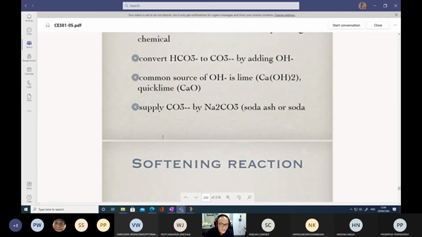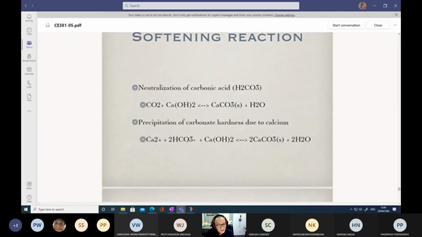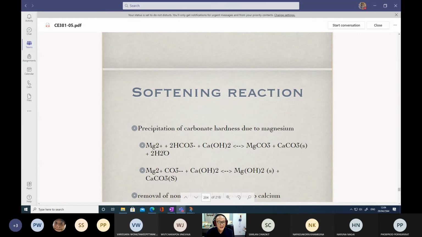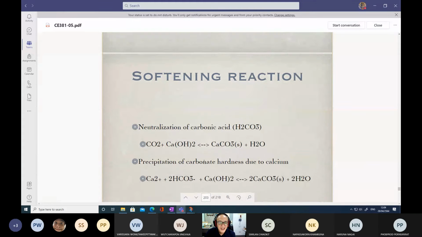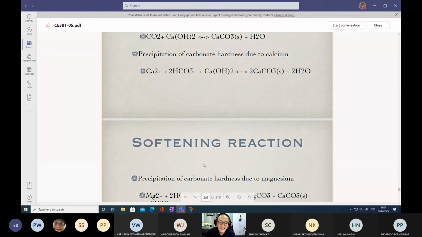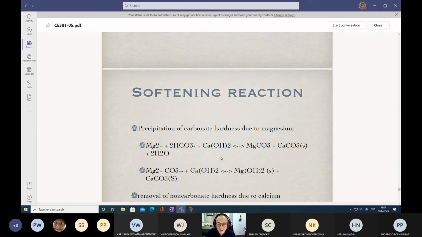According to the reaction, the removal of calcium requires only 1 mole of lime, but for magnesium, 1 mole of magnesium requires 2 moles of lime, so a double amount of lime is required. So these are about the calcium and magnesium hardness, and also the carbonate hardness removal.